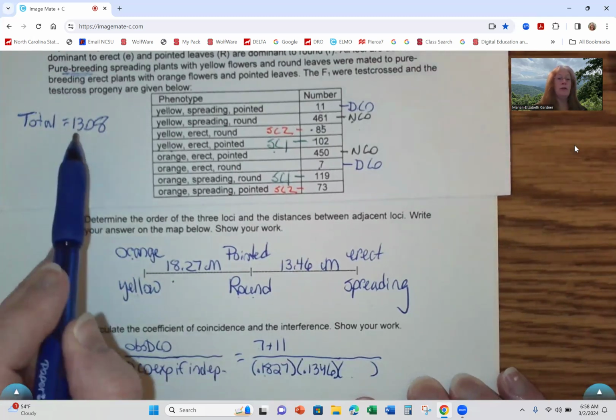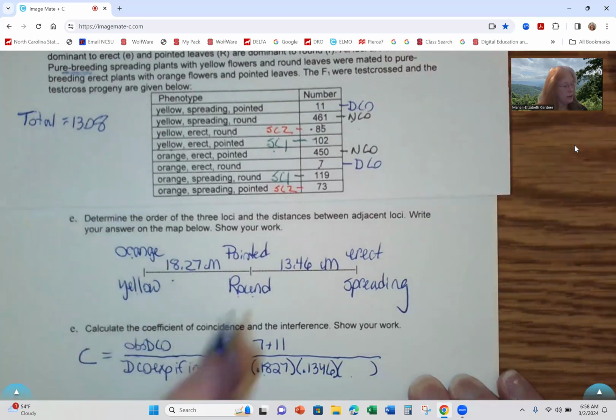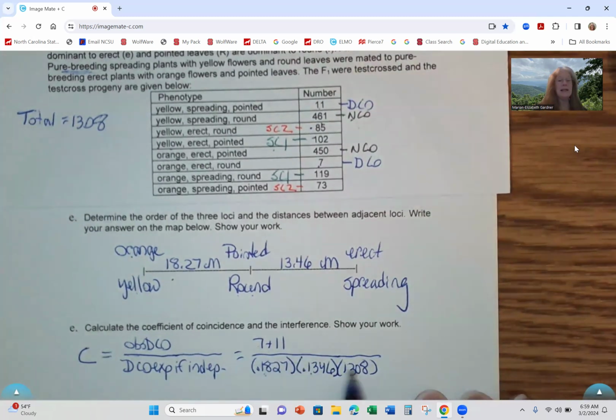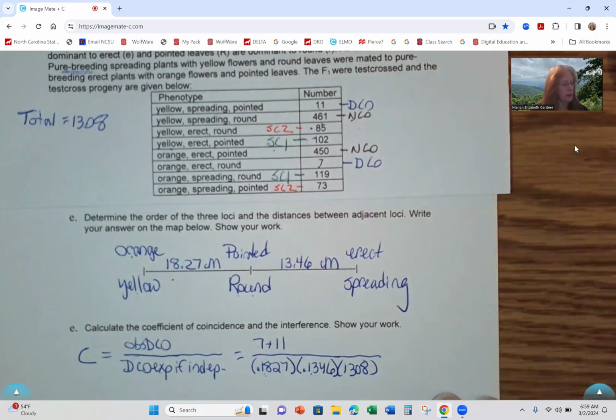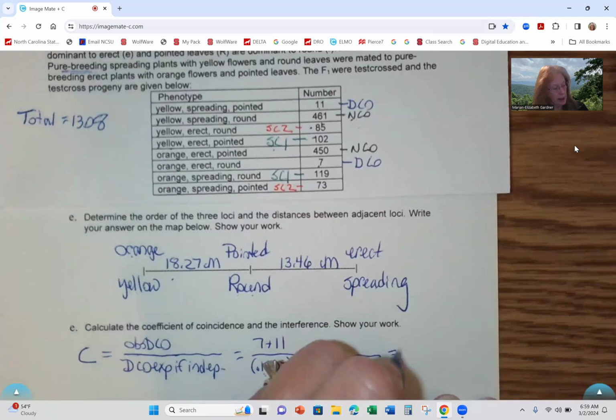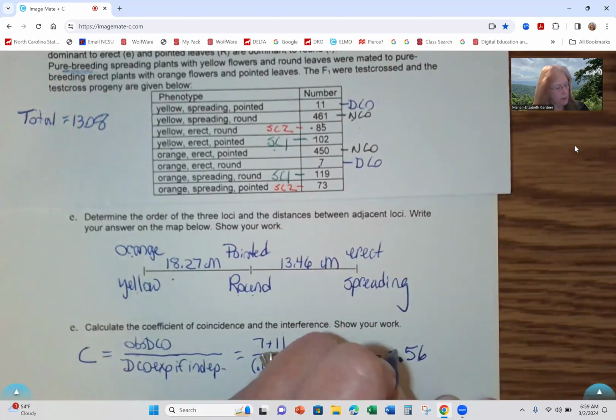We observed 1308 progeny, so we have the probability of a cross in region 1 times the probability of a cross in region 2 times our total number of progeny, and this gives us the expected number of double crossovers, assuming we had independence. And when we crank all that out, it comes out to 0.56.